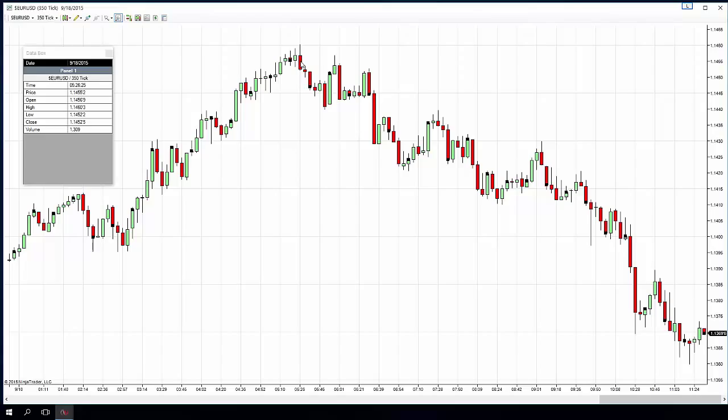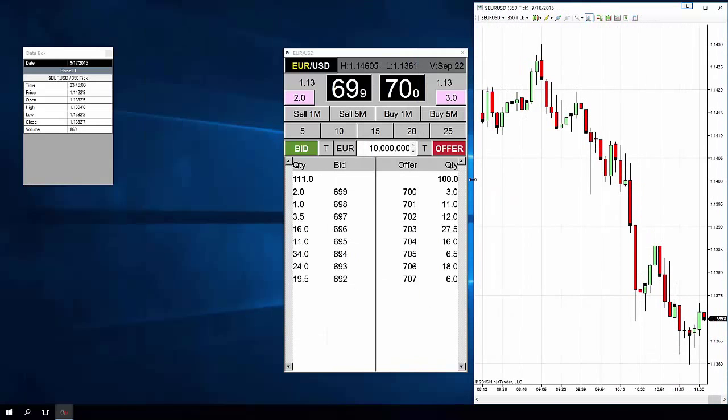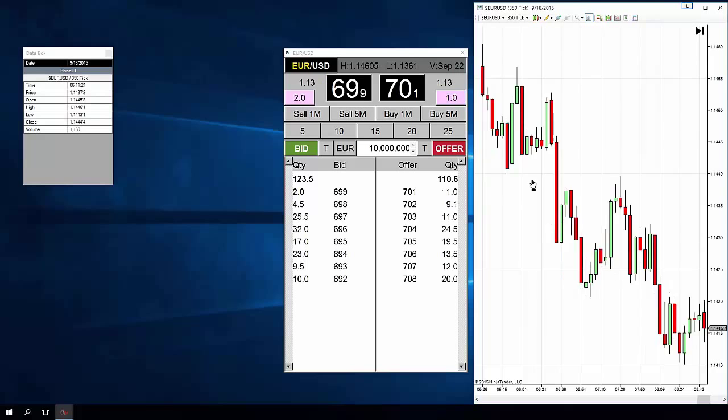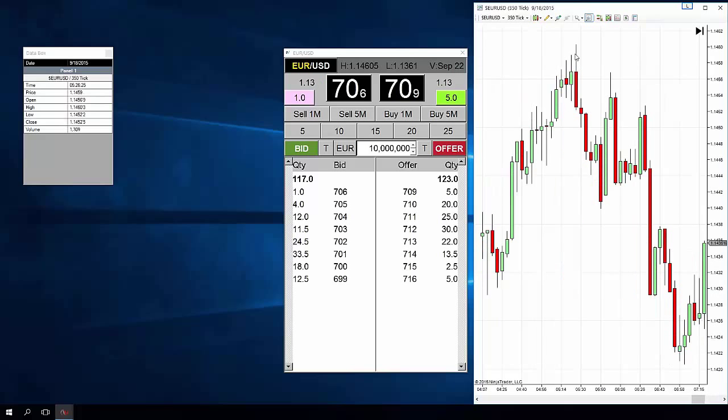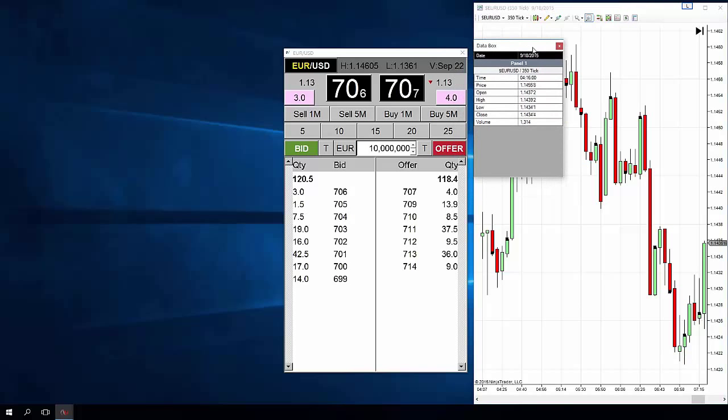So for you to be taken out of this trade, since you were going short, as soon as your ask price hits 60, you're out of the trade. The highest it went was 63.